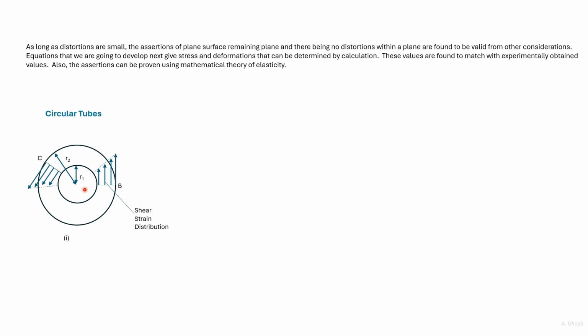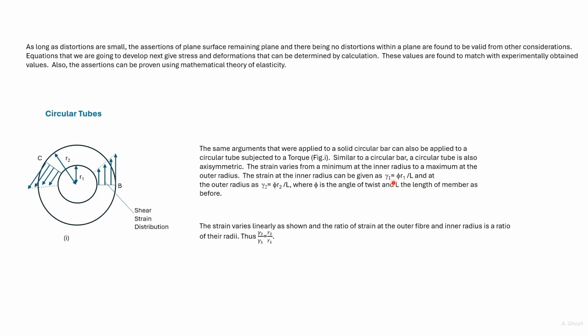Similarly, the strain in the outer surface with the radius R2 is given as phi into R2 divided by L. As in the case of a circular bar, the strain varies linearly from the inner radius to the outer radius as shown.